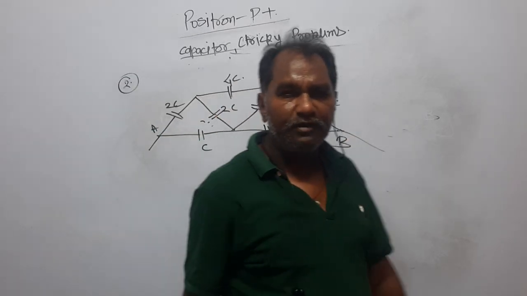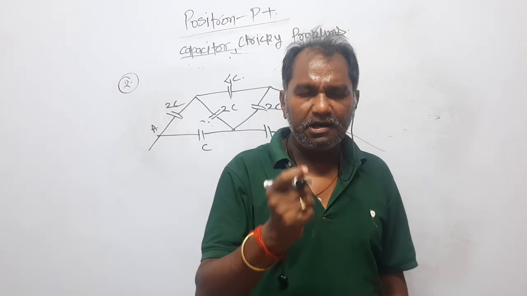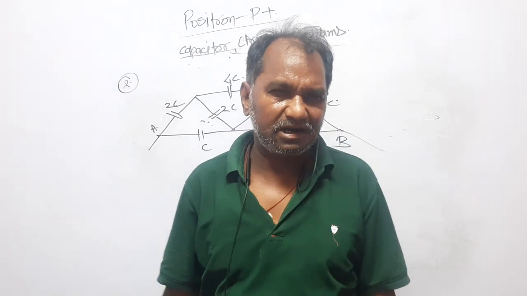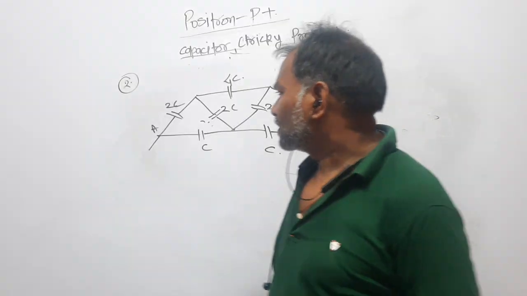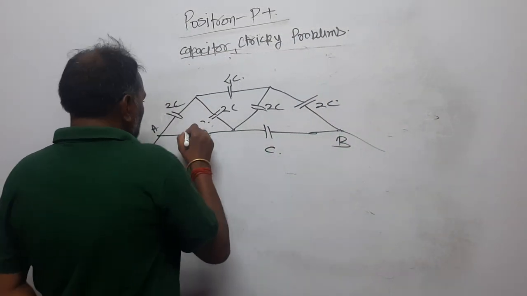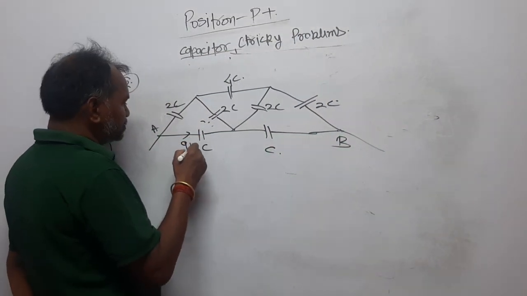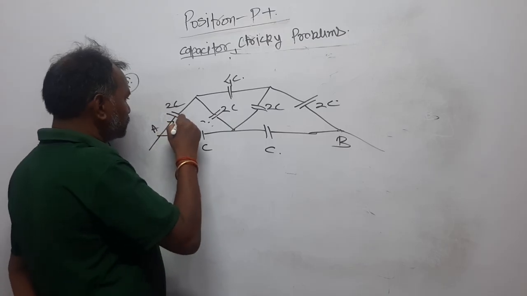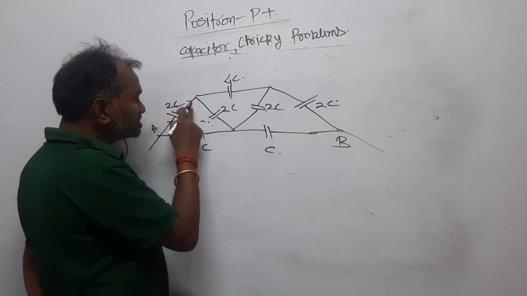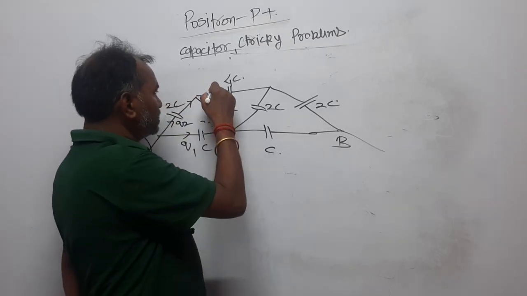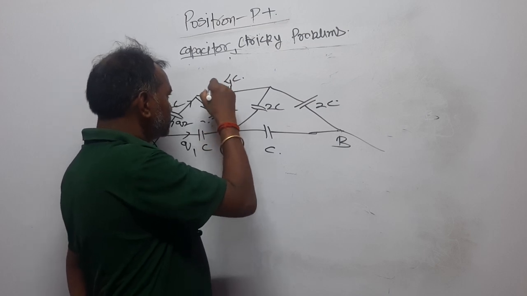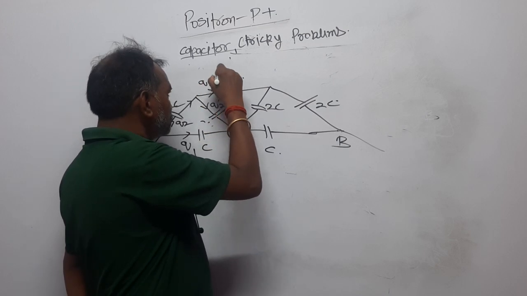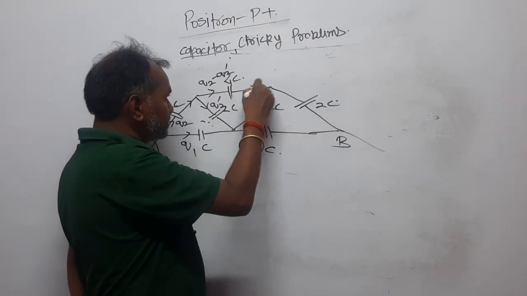What we have to do is find the equivalent capacitance of the circuit between the terminals A and B. Let charge Q1 go to this side and Q2 to this side. Now this Q2 is divided: Q2 dash goes this side and Q2 minus Q2 dash goes in this branch.